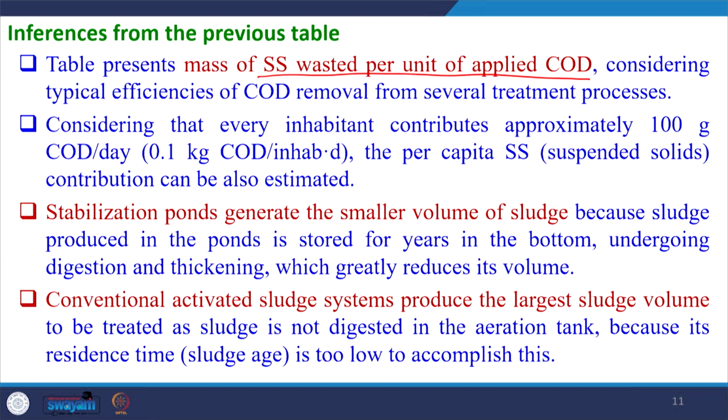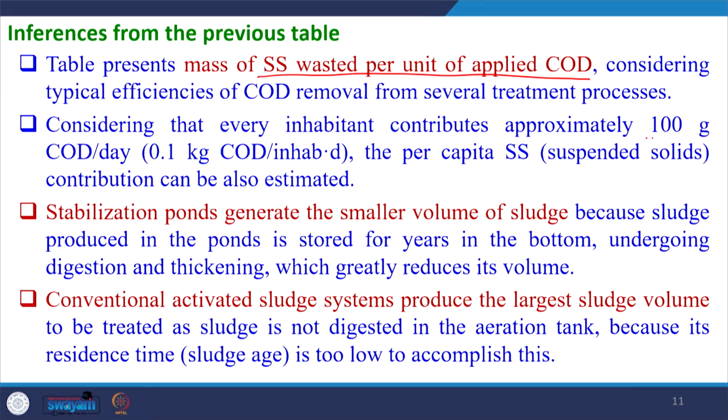Now, considering that every inhabitant contributes approximately 100 gram COD per day, that means 0.1 kg COD per inhabitant per day, the per capita SS or suspended solid contribution can be calculated, and which is given actually in the table. So, this is the data that we can roughly calculate.